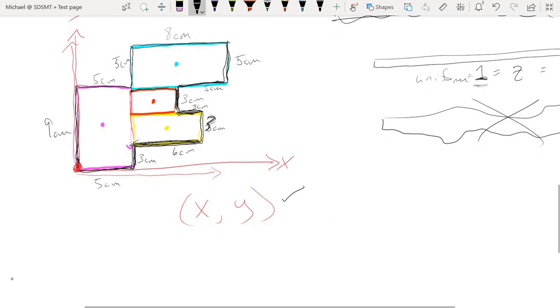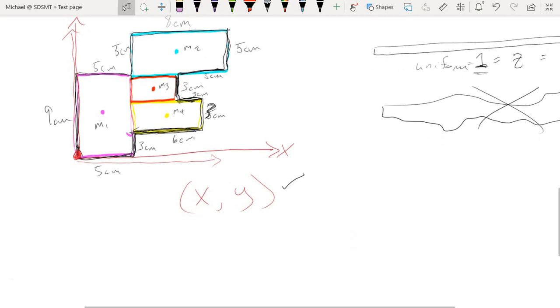We've got 4 different segments here. I'm going to call these mass 1, mass 2, mass 3, mass 4 respectively. And I can find where these center points need to be located. So mass 1 needs to be located at 2.5, 4.5.